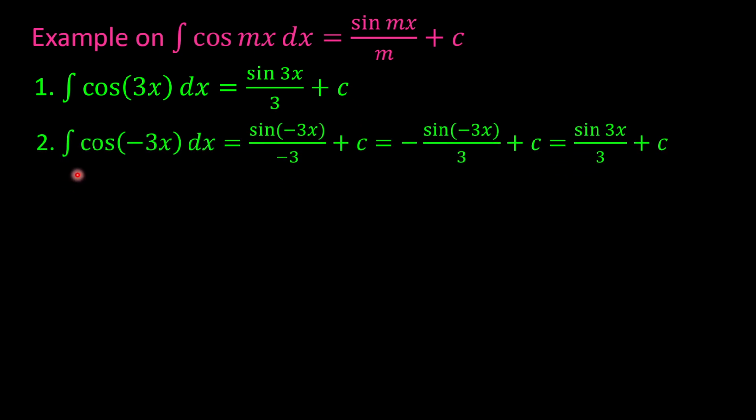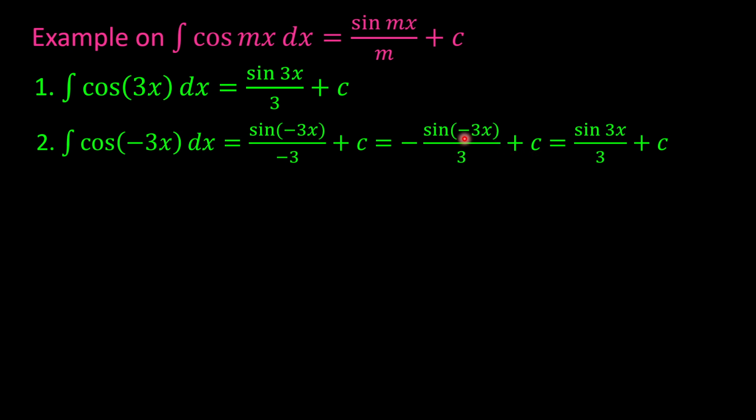Similarly in this integral we'll find that m means minus 3, so here cos minus 3x will be sin minus 3x, and in place of m we put minus 3, because the value of m is minus 3, and plus c, where c is the integral constant. Here the plus and minus becomes minus, and in place of 3 I put 3, and sin minus 3x.